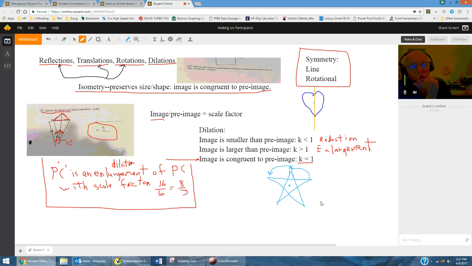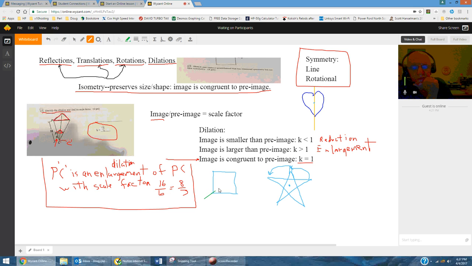A quadrilateral that has both line symmetry and rotational symmetry is a square, for example. This square has several lines of symmetry. Let me go to a different color.